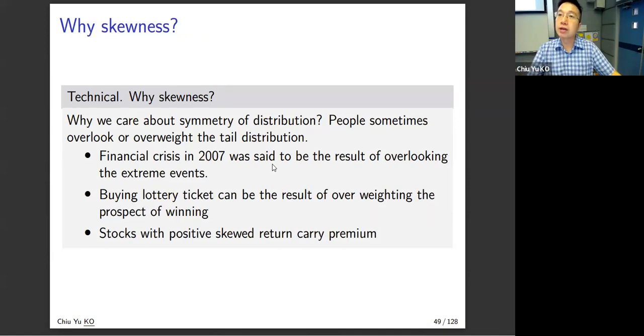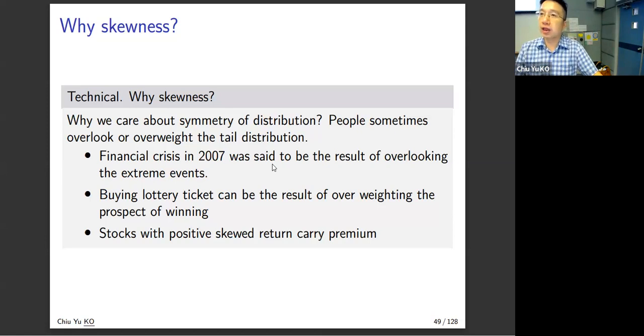Doing the lottery is also the same. And the last one, which you would probably care about most, is that people are willing to pay a premium for highly skewed stocks. It's like a lottery ticket.